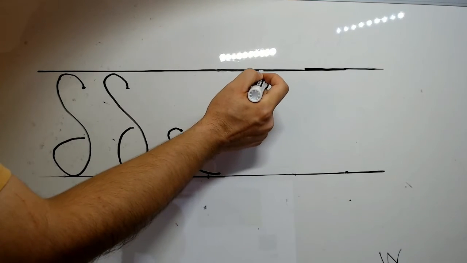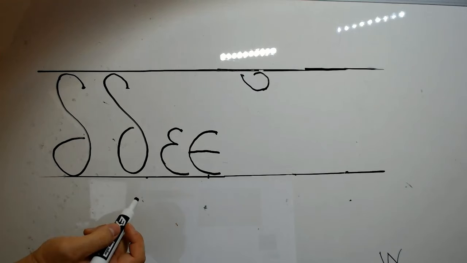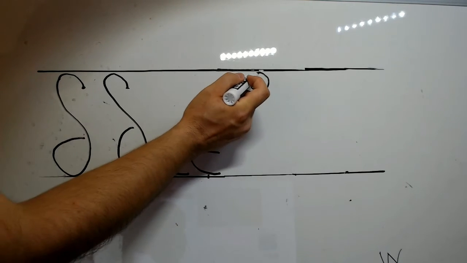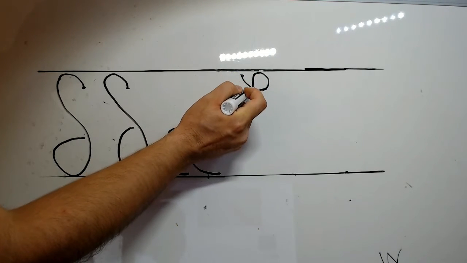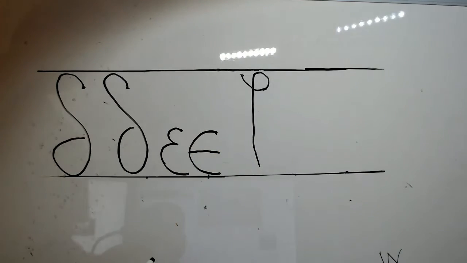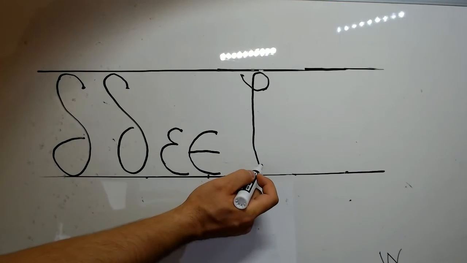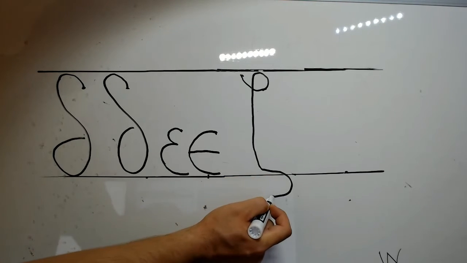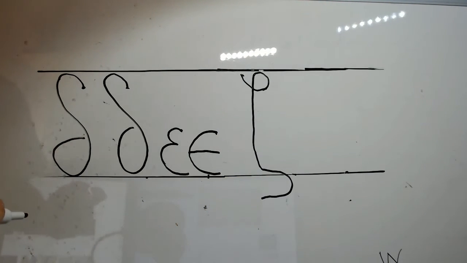Then we're going to go around up to the top. And you notice I'm coming around, so we're going to come around and drop down, all the way down to the bottom. And then this one has kind of a little tail that extends below the bottom of the line. Zeta, like the English zebra.